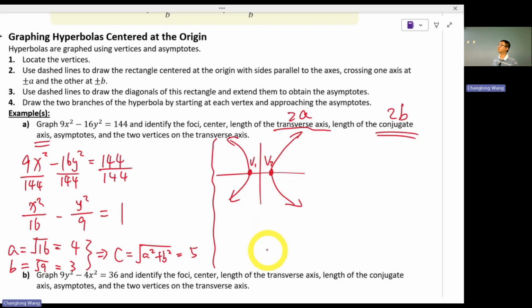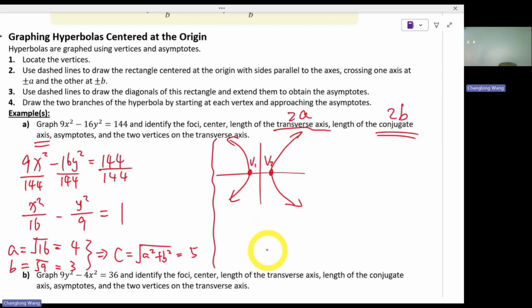You guys tell me roughly where the foci are supposed to be. On the horizontal axis, would it be a little bit closer to the center compared to the vertices, or farther away? For a hyperbola, the foci will be farther away from the center compared to the vertices.